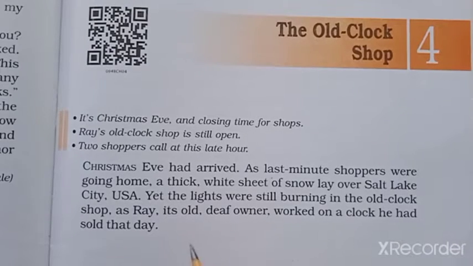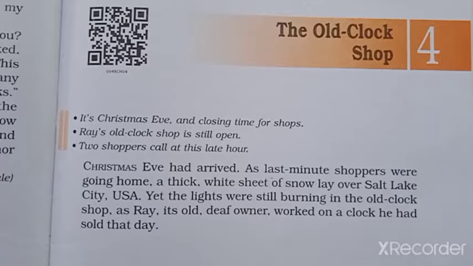So on the Christmas Eve, his shop was still open at the late hour of the night. He was repairing a clock that he had sold at that time. Next, let's see next paragraph.